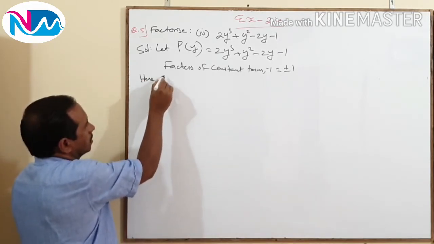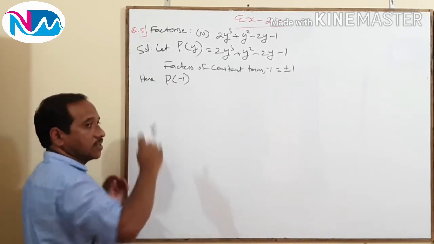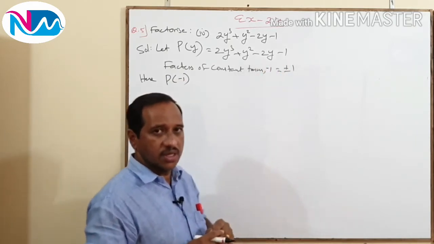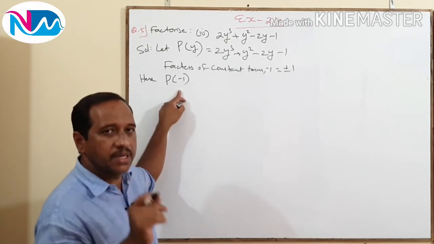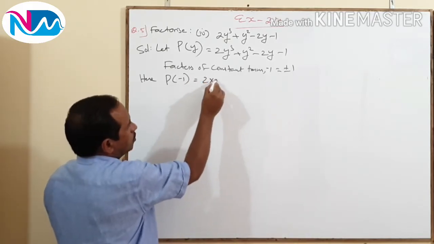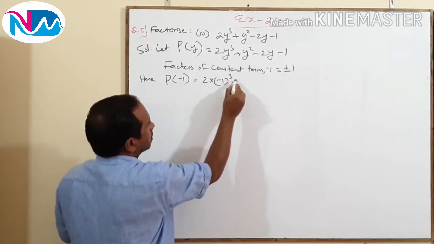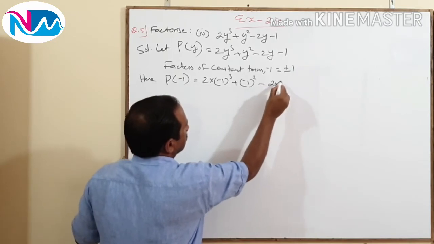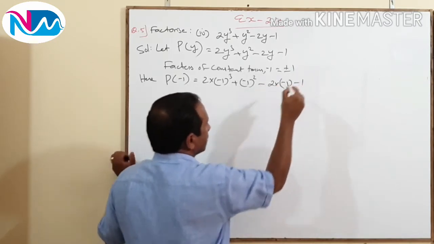Here the factors of the constant term are plus or minus 1. So I take first p of minus 1. P of minus 1 is equal to 2 into minus 1 cube plus minus 1 square minus 2 into minus 1 minus 1.